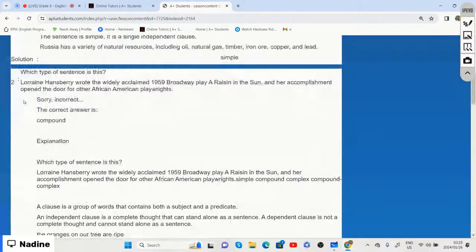All right. So Lorraine, we need to say which type of sentence this is. Lorraine Hansberry wrote the widely acclaimed 1959 Broadway play A Raisin in the Sun, and her accomplishment opened the door for other African American playwrights.